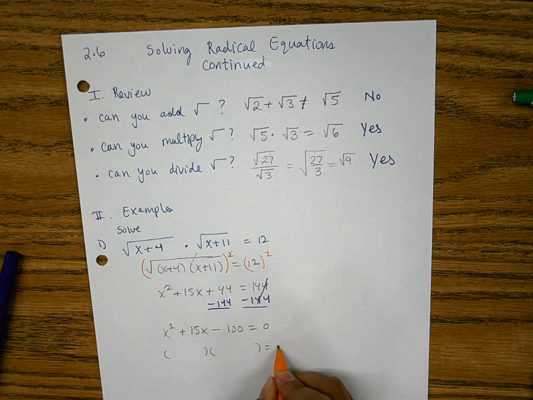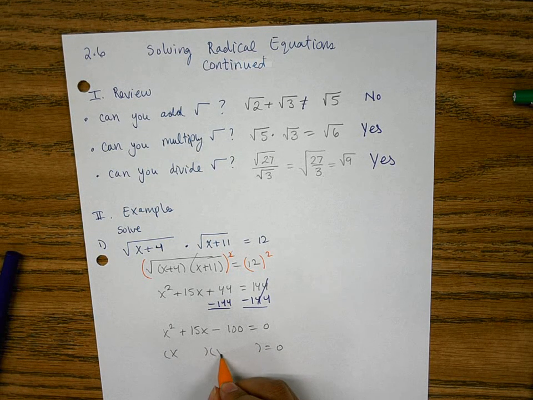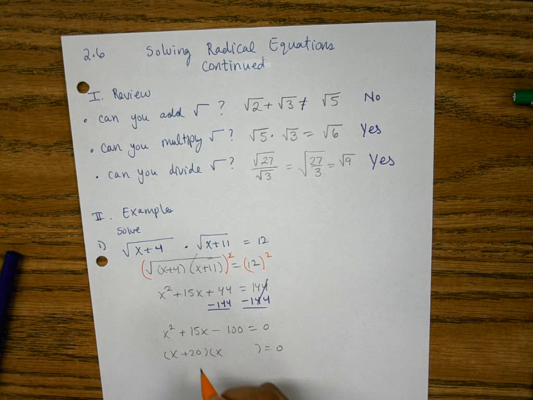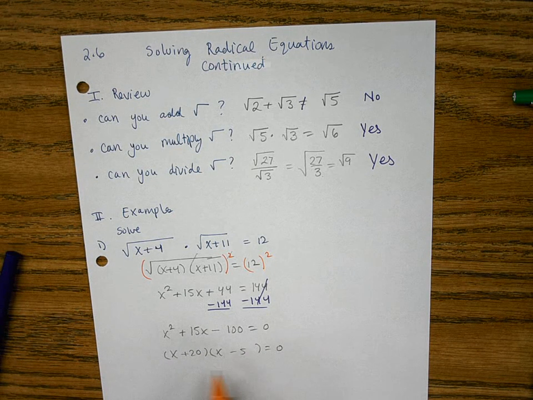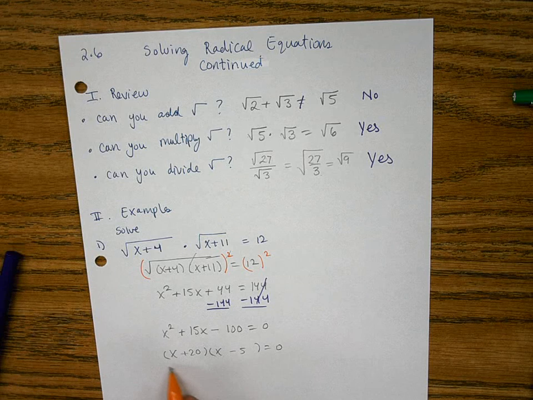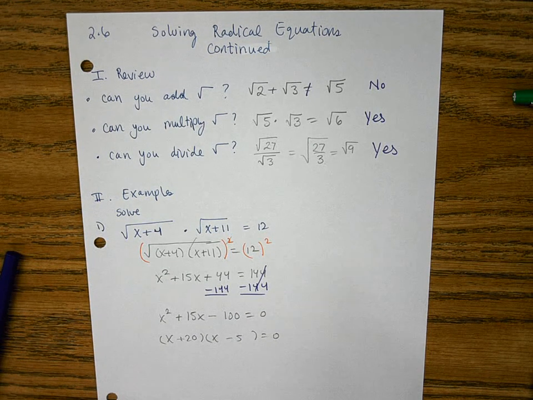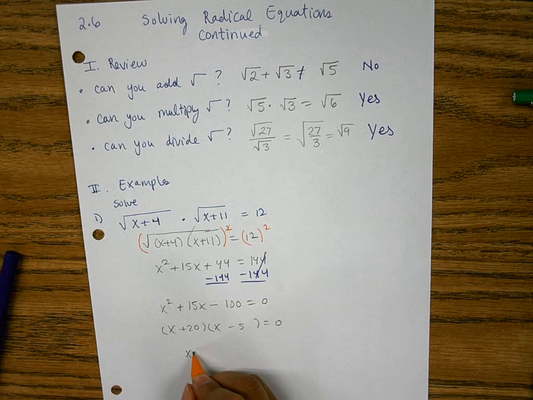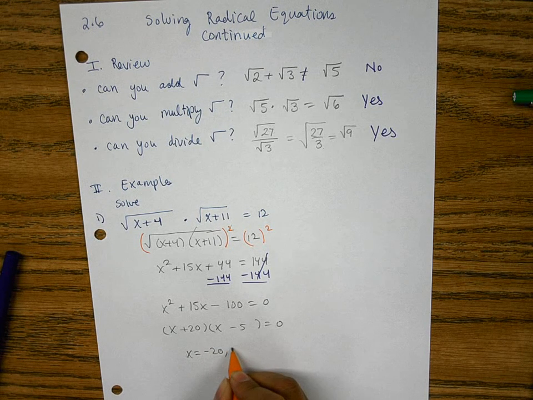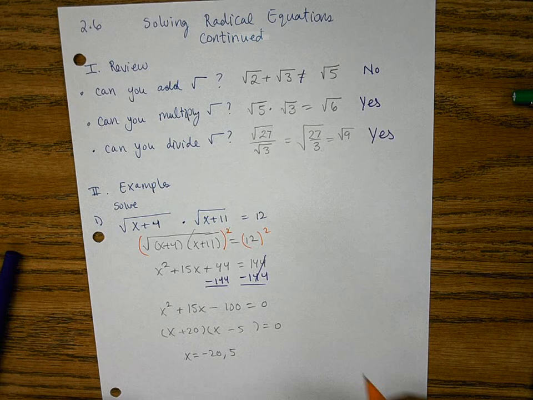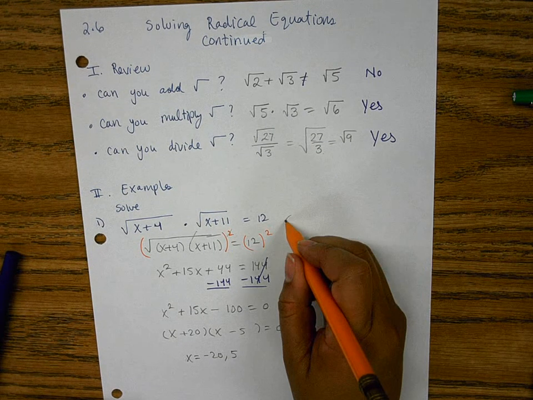You can hit pause and factor on your own. Plus 20 minus 5 gives me negative 100. 20x and negative 5x is positive 15x. I then go ahead and solve. x equals -20 and 5.